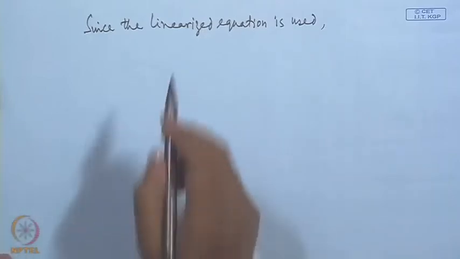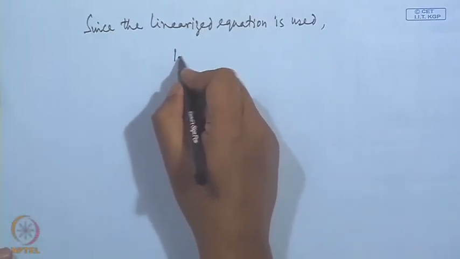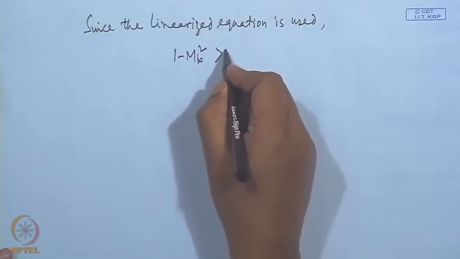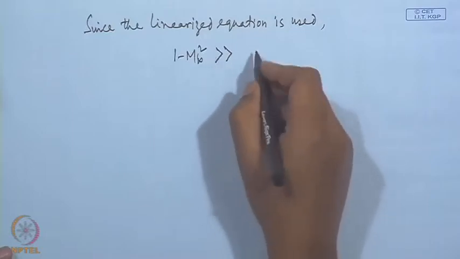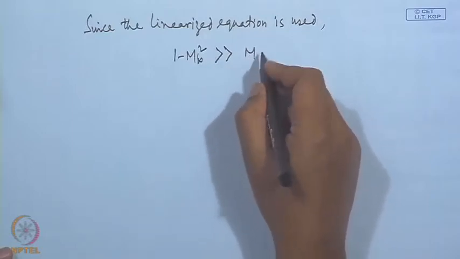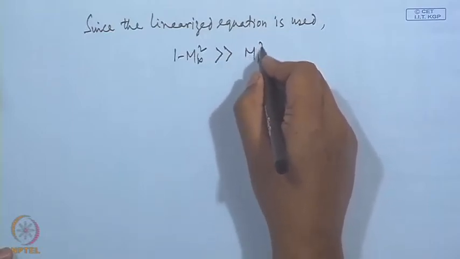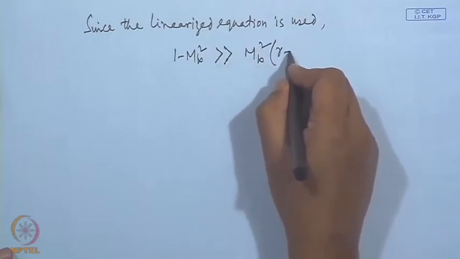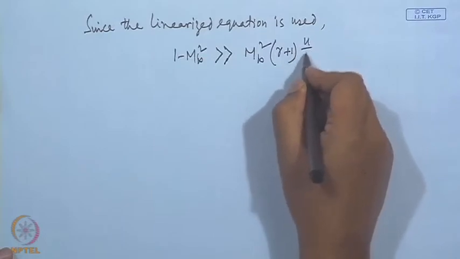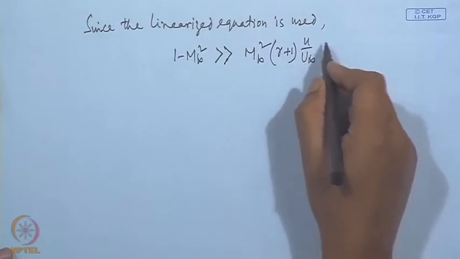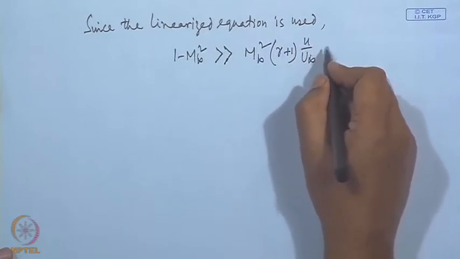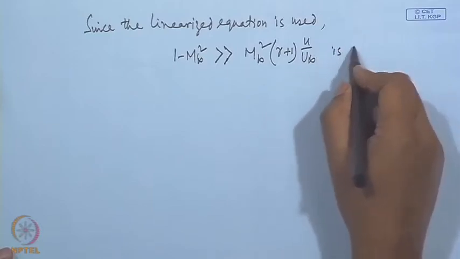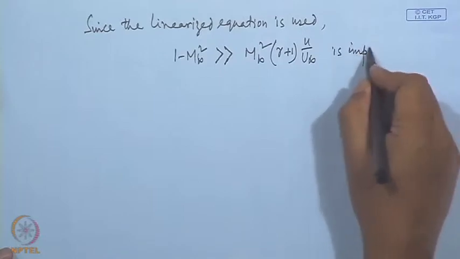Since the linearized equation is used, we have implicitly assumed that 1 minus M infinity square is much larger than the term on the right hand side, which is required when M infinity is very close to 1. That is, this term is much larger than this term. This is implicitly assumed.